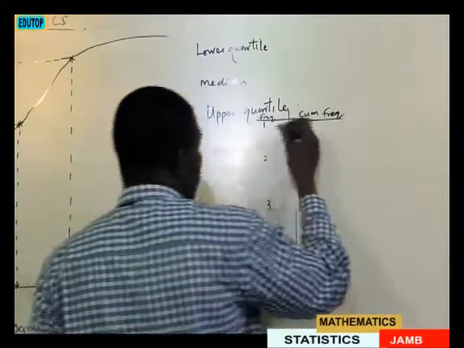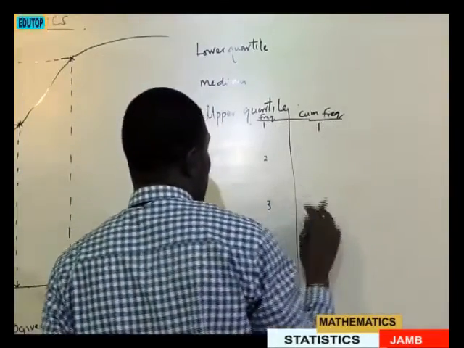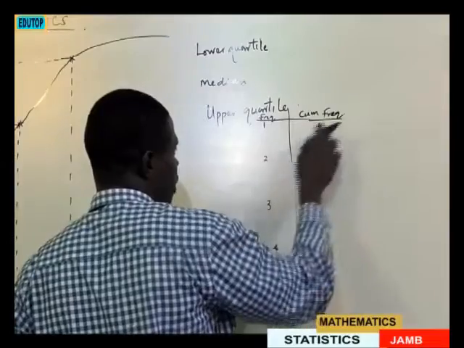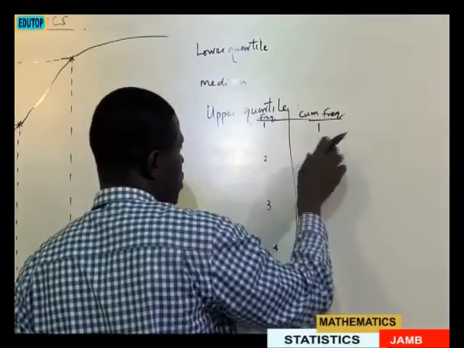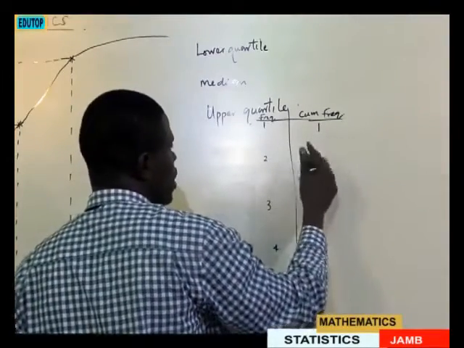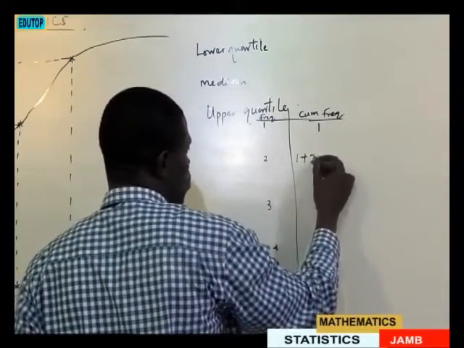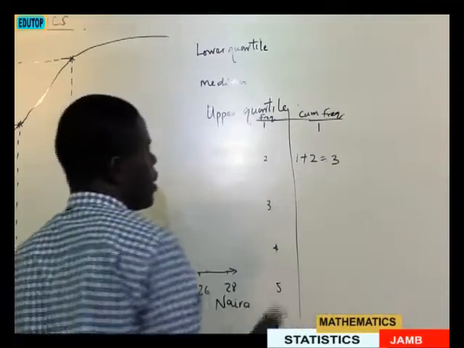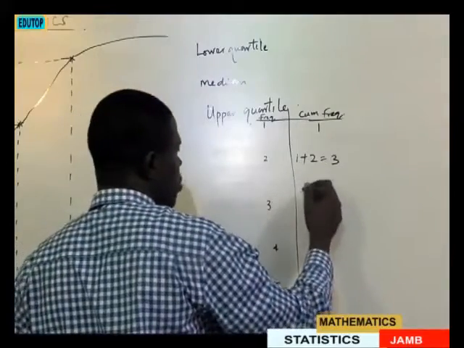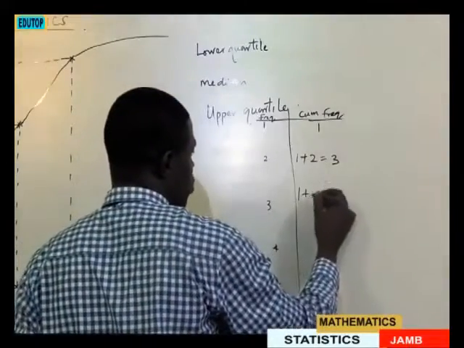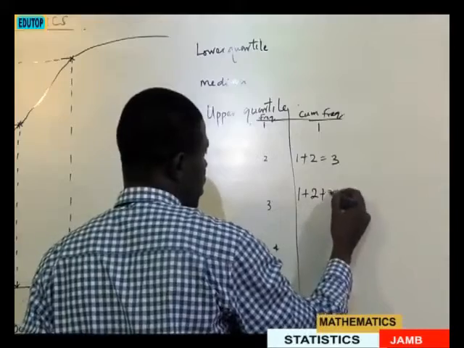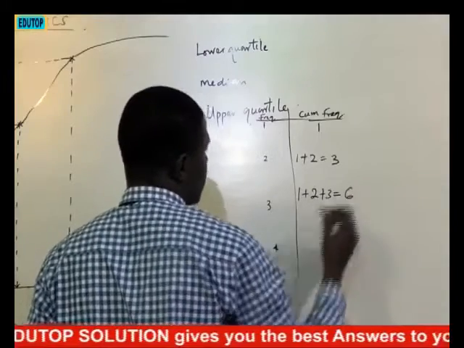For the first one, you write 1. In the second stage, it will be this 1 plus the next frequency 2, and that will now be 3. If you have to compute the next one, it will be 1 plus 2 plus the next one, 3, and that will be 6.